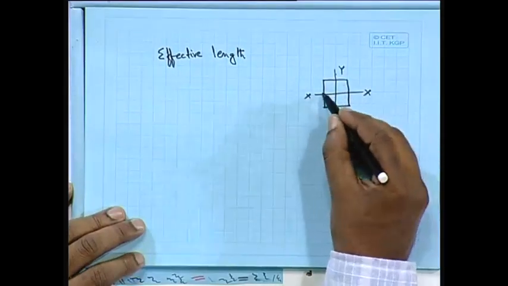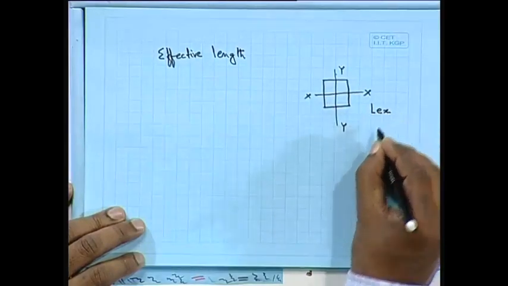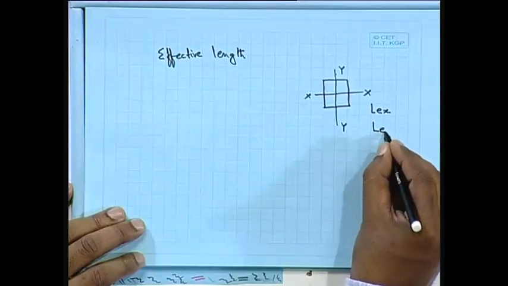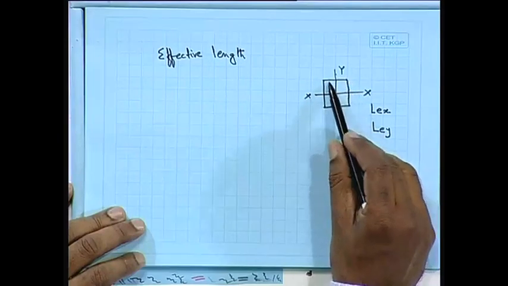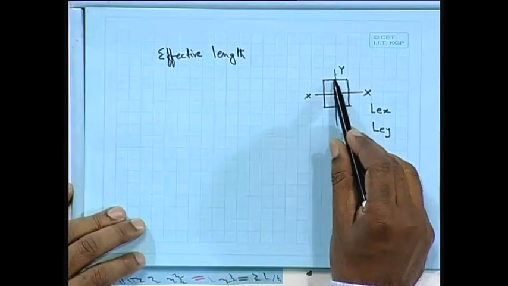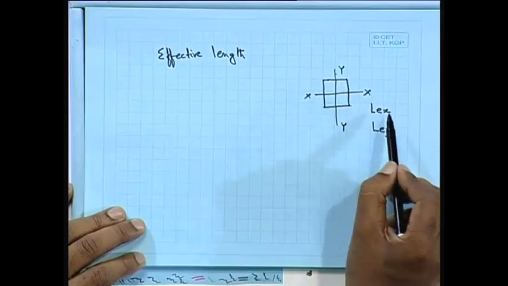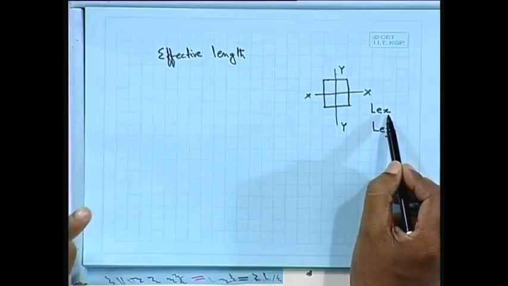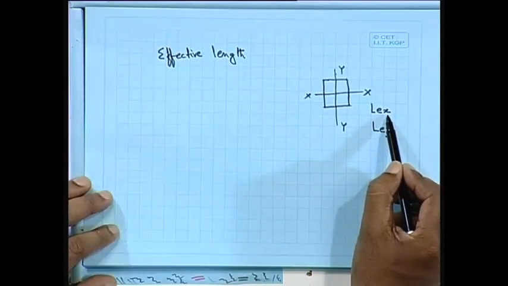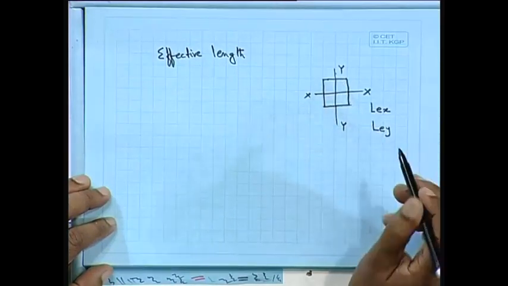We have two effective lengths, LEX and LEY, because it depends on the length L and on the boundary condition at the top and at the bottom. So you will get two effective lengths, not one effective length for one column. Like a beam, you have only one effective span, but here you may get two different ones, along x and along y.